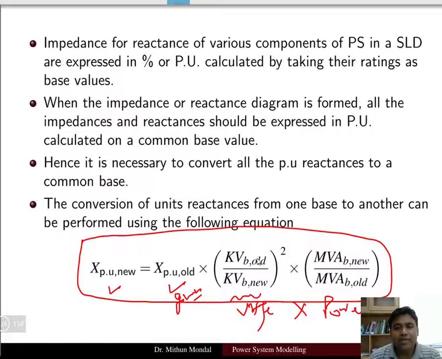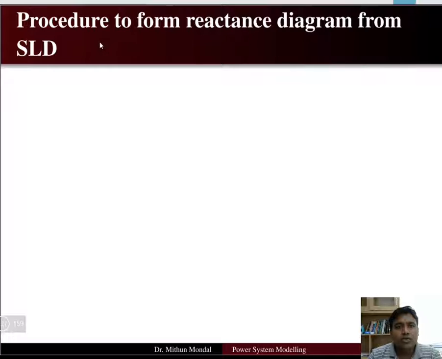For voltage we have kV base old by new, whole square, and this is MVA base new by old. So the per unit value of the old system will be converted to the new system base.